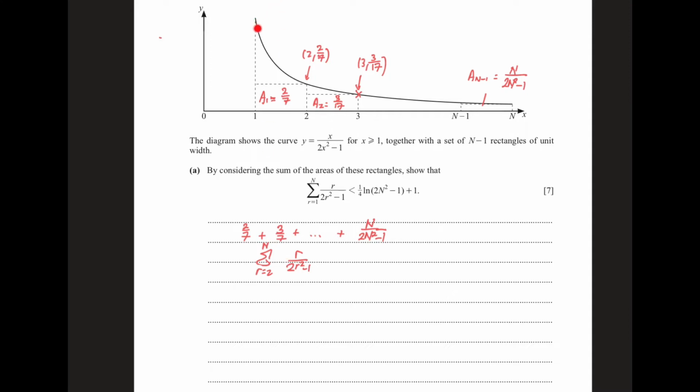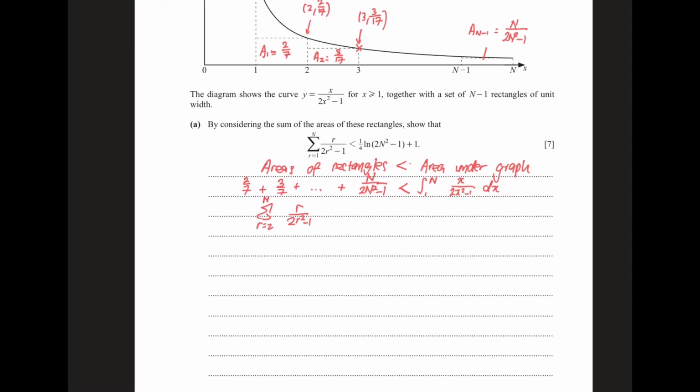Now let's look at the area under the graph, which we can get through integration. So the area of rectangles is lesser than the area under the graph. The area under the graph, we get through integration, so we integrate from 1 until N of x over 2x squared minus 1 dx.